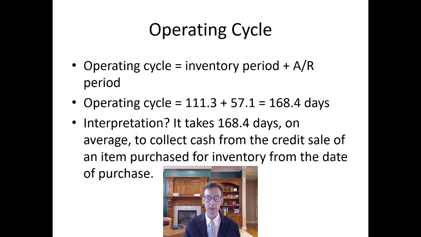Now notice we say on average. Not everything stays in the inventory exactly 111.3 days. And not everything takes exactly 57.1 days to receive the money that we're owed. What we're talking about here is on average.